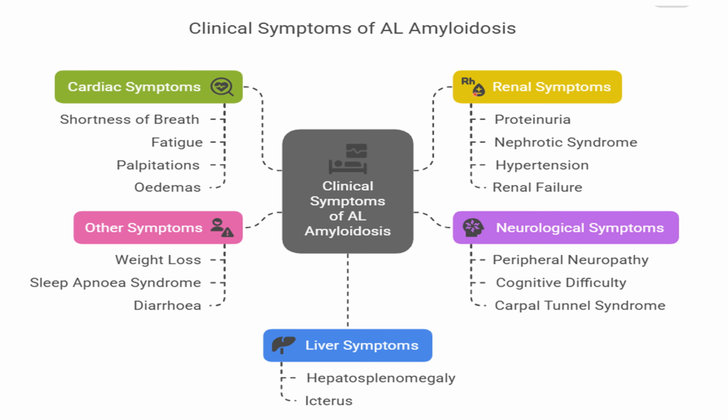Renal symptoms are not often present, but can be associated, and the frequent symptomatology is proteinuria, nephrotic syndrome, high blood pressure, and renal failure.